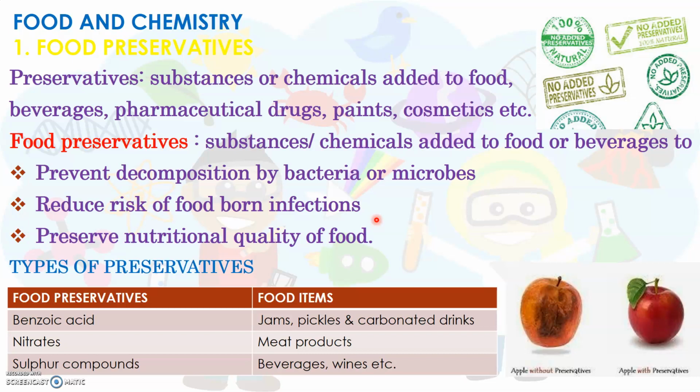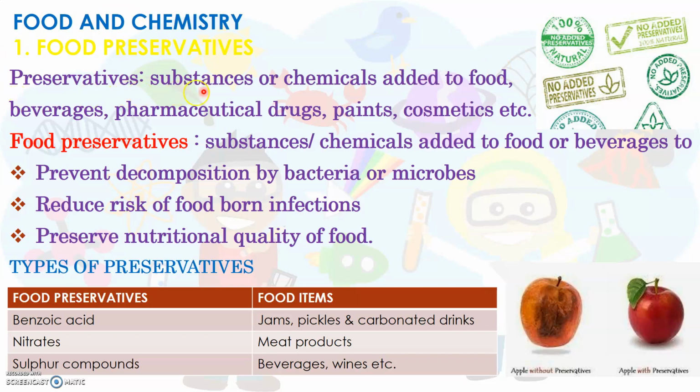In products that you use regularly, have you seen a tag like this any time before? At least once? Yes, it says no added preservatives. What do you think these preservatives are? Let's get into it.